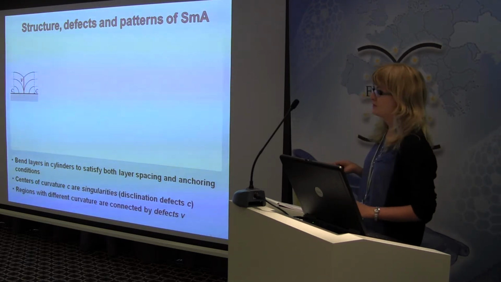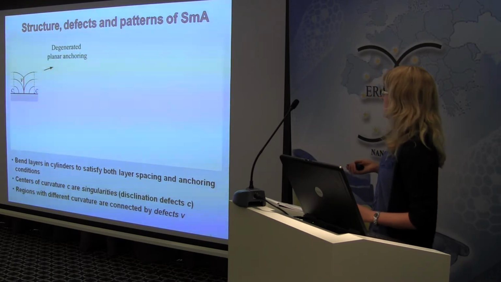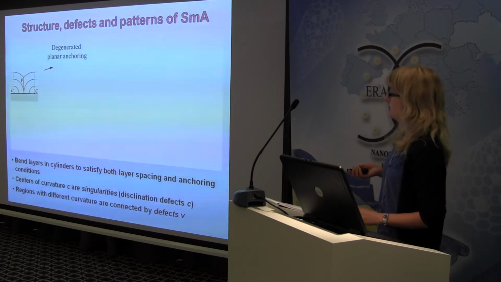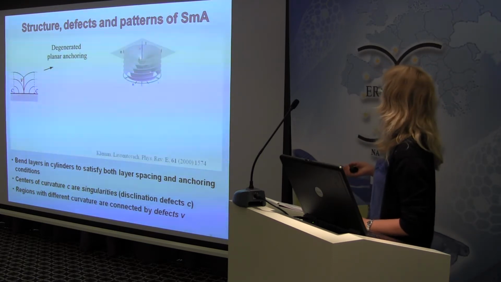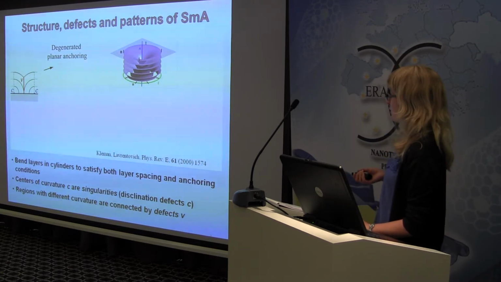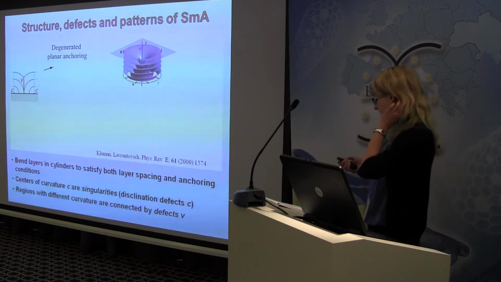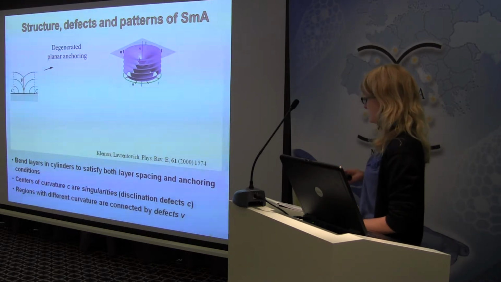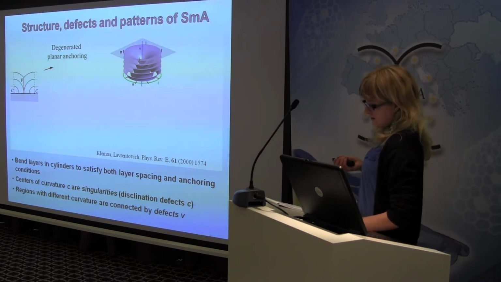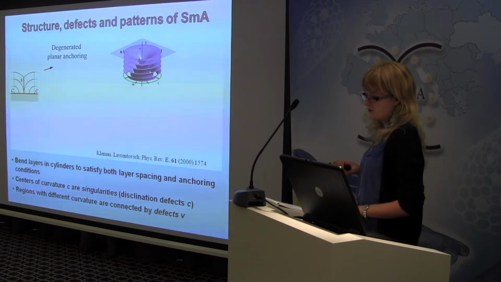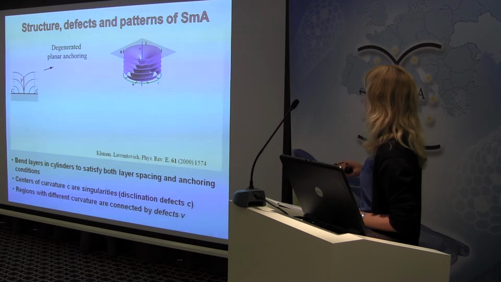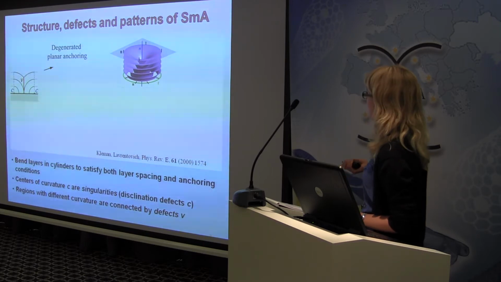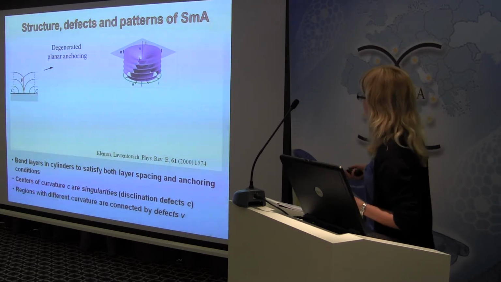Still, there are a few possibilities. When we have degenerate planar anchoring, the type of defects that the system will produce is a so-called toric focal conic domain. In such a defect, the layer curvatures are accommodated by two defect lines, a straight line perpendicular to the surface and another circle line on the bottom of the cylinder.